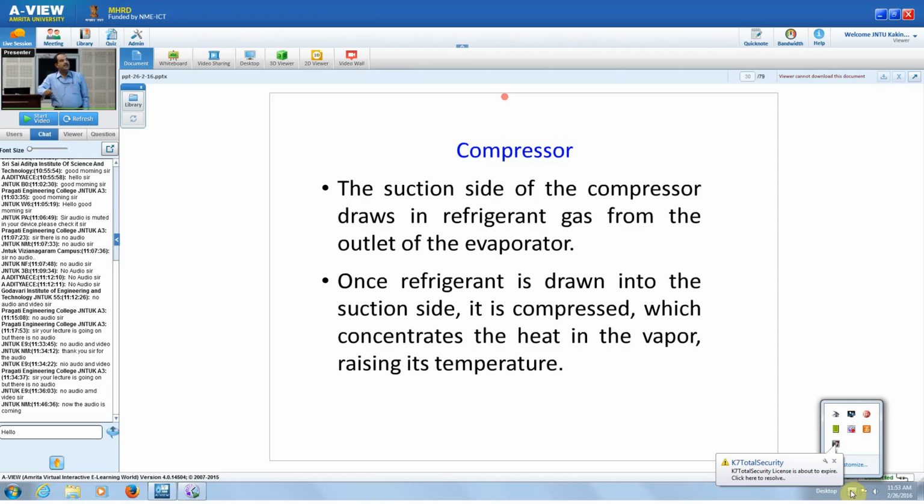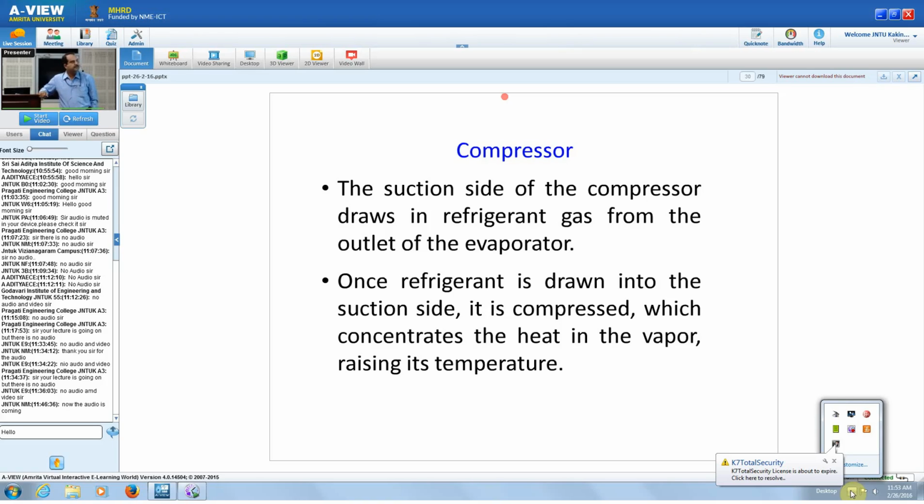Once the refrigerant is drawn into the suction side, it is compressed, which concentrates the high heat in the vapor, raising its temperature. Before entering the compressor, the temperature of the gas taken from the evaporator is lower than the temperature after compression, and the temperature is increasing because of the compressor.